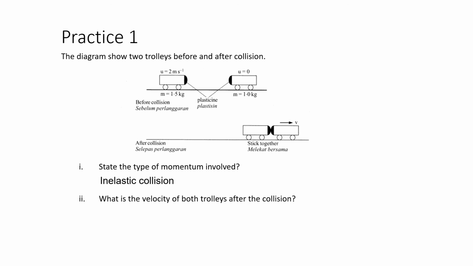Do you remember the formula for the inelastic collision? Here it is. Then, you need to substitute all the information given in the diagram into the formula. Hence, the final velocity is 1.2 meter per second.